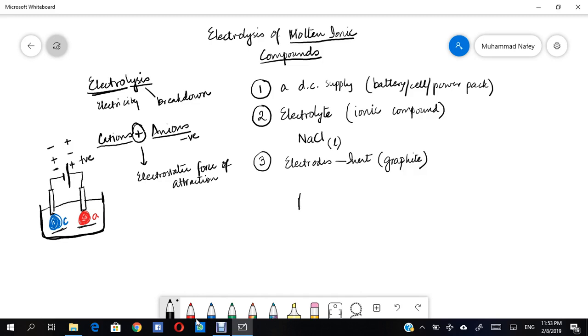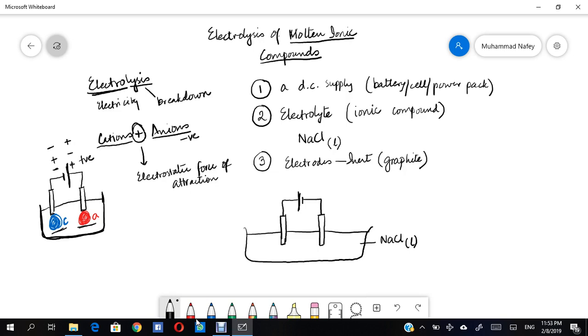So the first thing is a DC supply, which is connected to my graphite electrodes, which are dipping into my electrolyte. That is sodium chloride, molten.